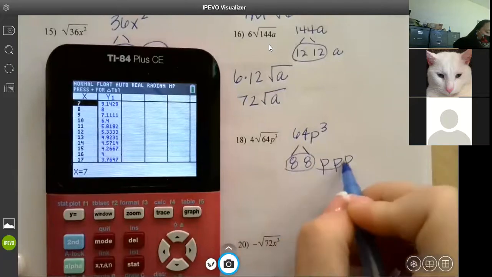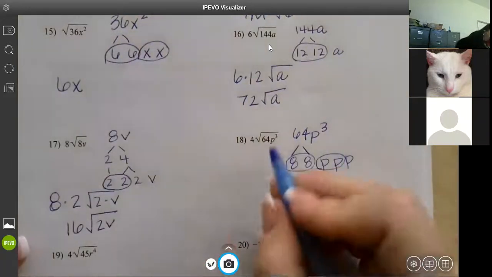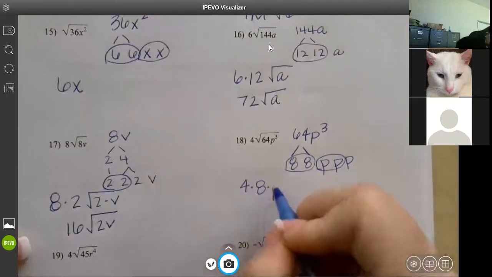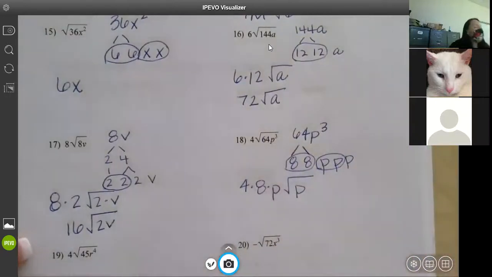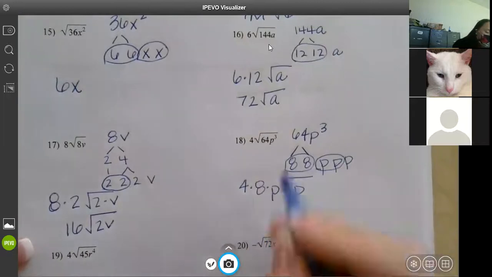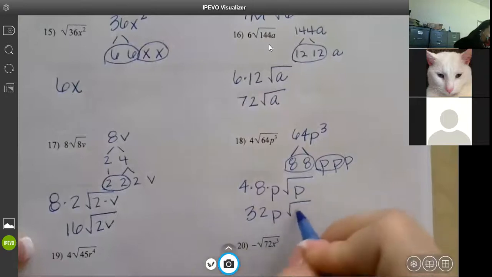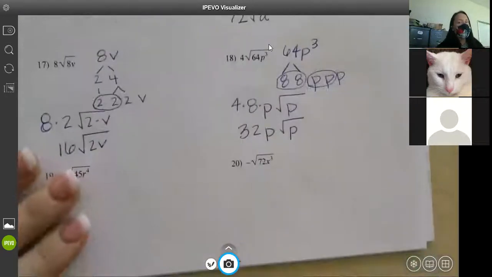So I also have a pair of P's. What did I already have? I circled an 8. I circled a P. And I left another P. Not 36, but 32P. Don't touch the square root after that. That's it, y'all. 2 more.